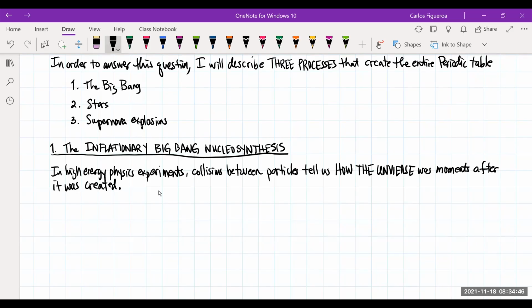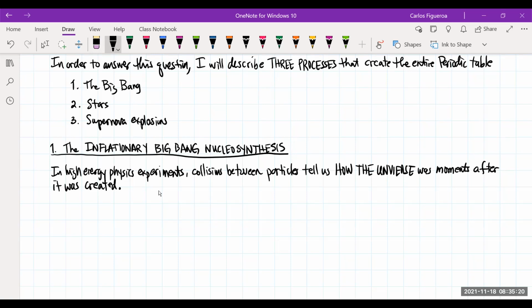Now, I have to be careful with the word created, because this discussion has nothing to say about religion. All we know here is that we have a universe. It got to be here in some shape or form, and we don't know how it started.